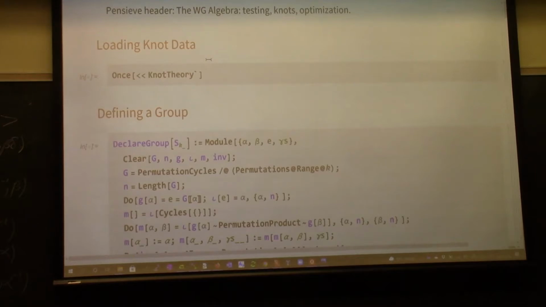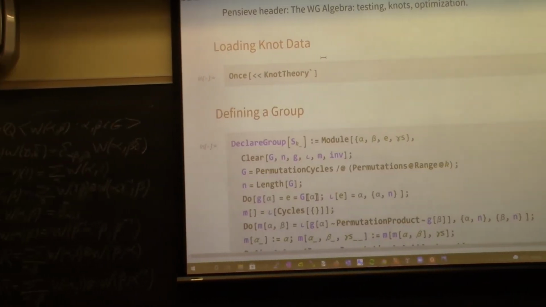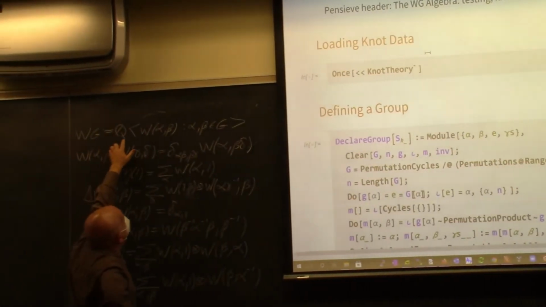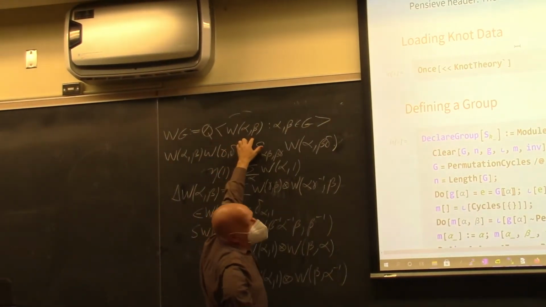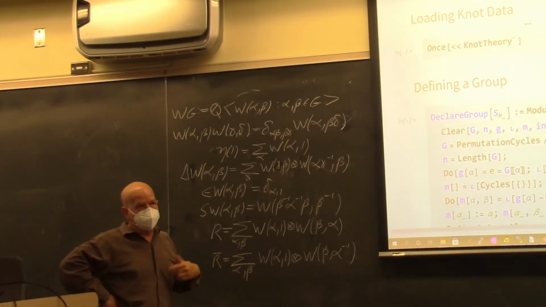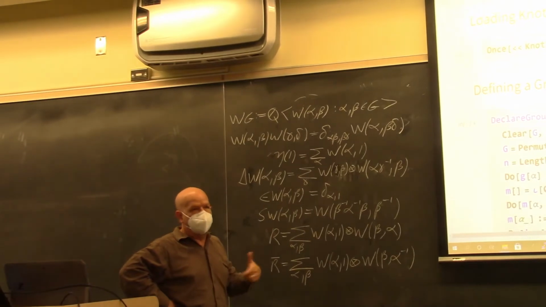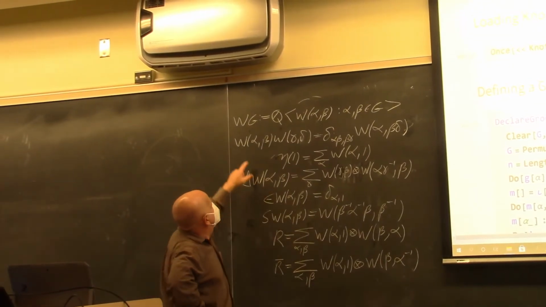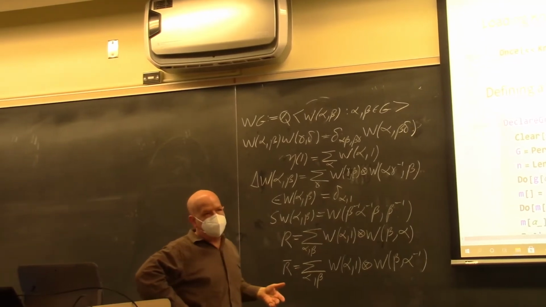So given a finite group G, you let WG be the vector space generated by symbols W alpha beta, where alpha and beta are in the group. So the dimension of this vector space is the square of the order of the group. And you define all the operations by explicit formulas.